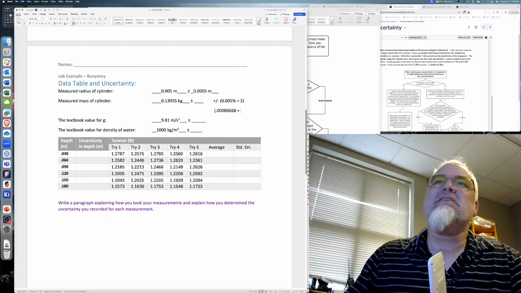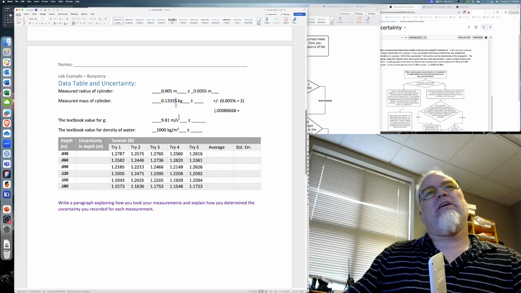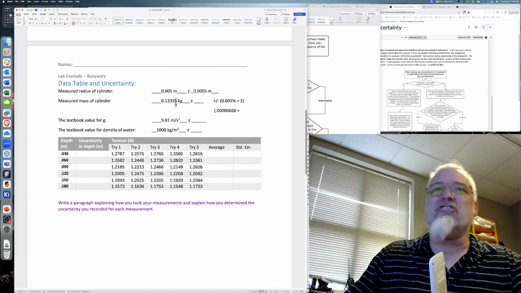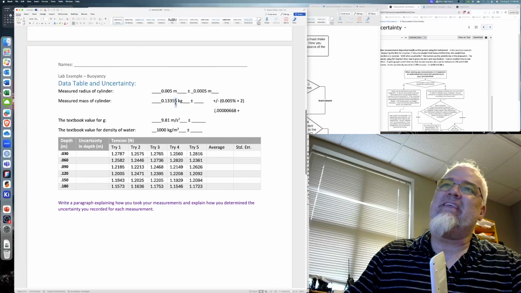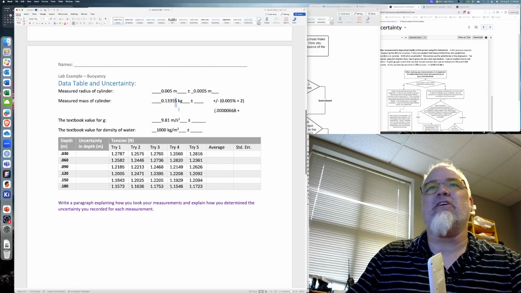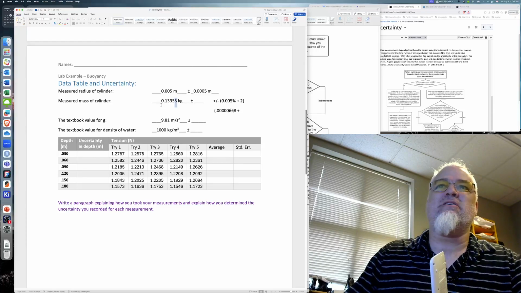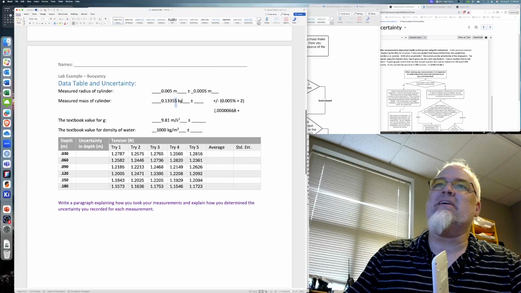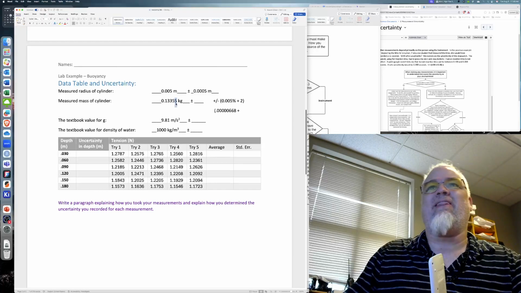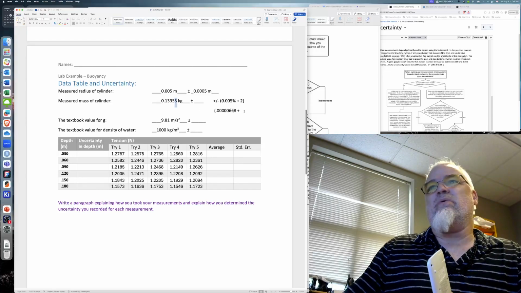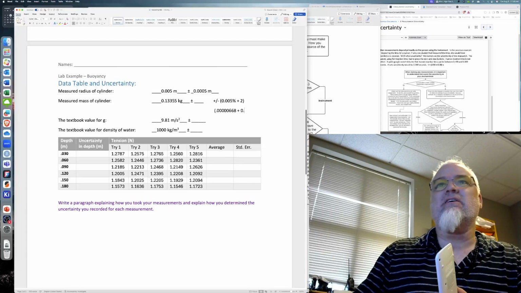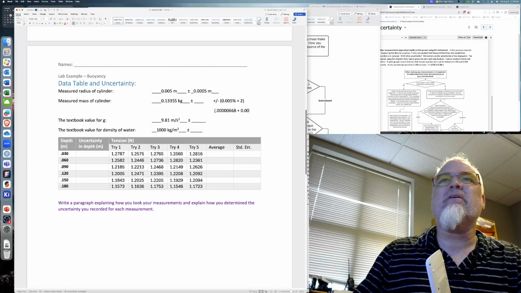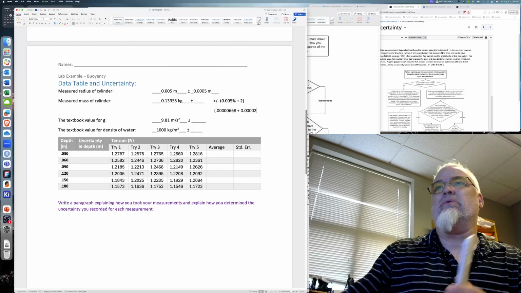What it means is plus 2 in the last digit that the instrument was displaying when you took the measurement. So the instrument displayed 0.13355. That 2 means that there's an uncertainty of 2 in that last digit. So this 2 means 0.00002.